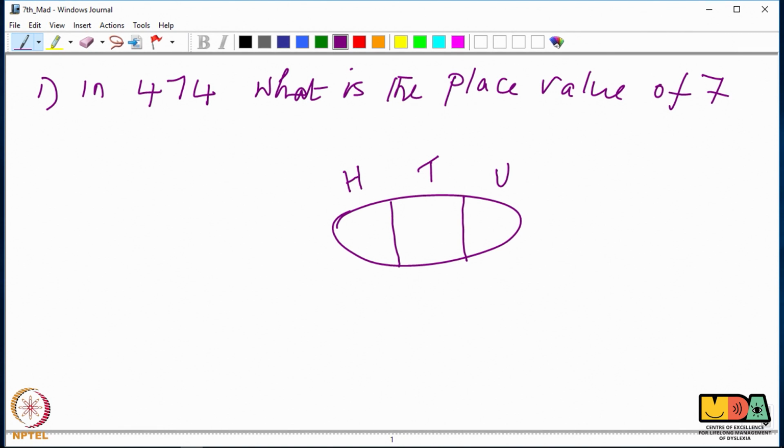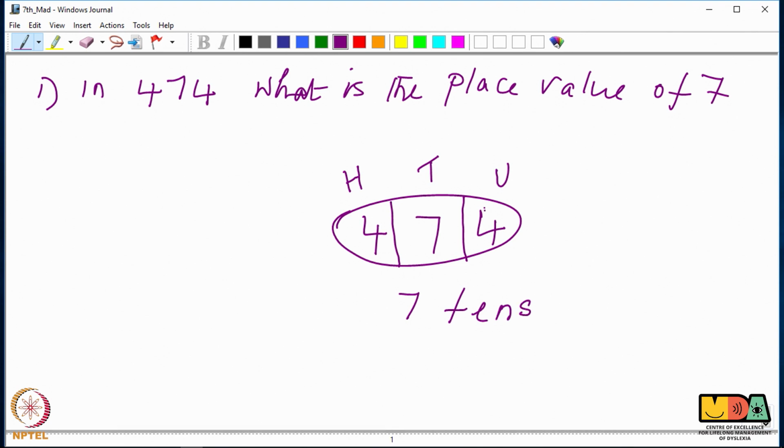Now, ask them to draw a caterpillar, name it, and fill in the numbers: 4, 7, 4. Now, what is the place value of 7? In which section do you see it? In the tens. So, the place value of 7 is 7 tens.